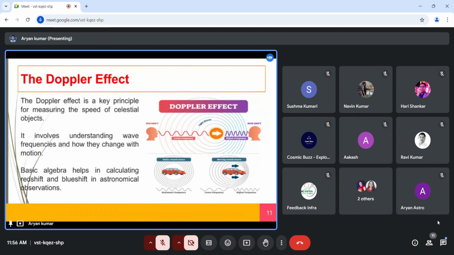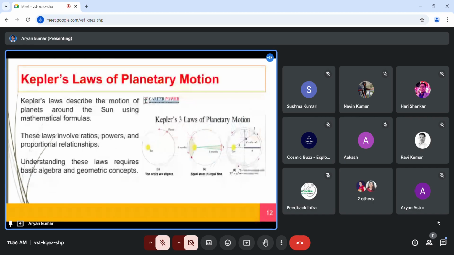Now I think we are done with the math part, and we are going to its implications. Now we are going to move to the next topic.